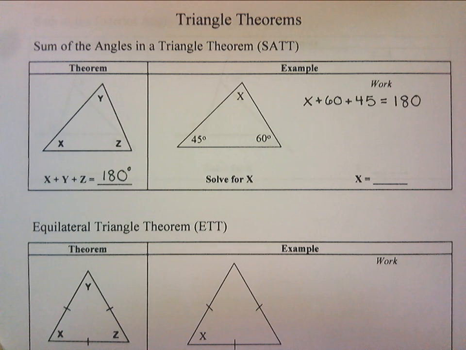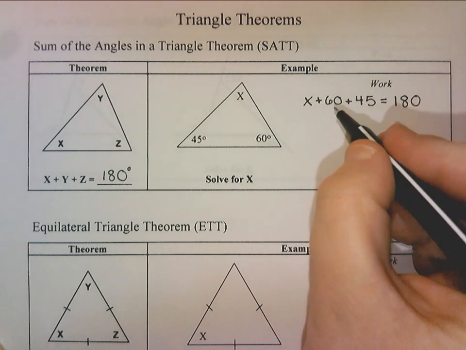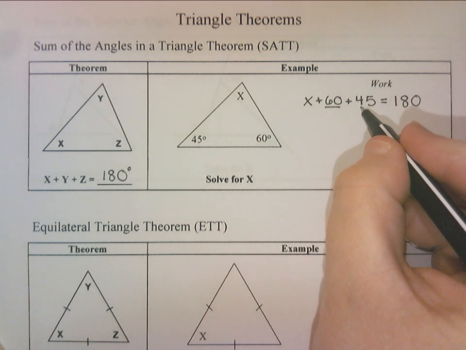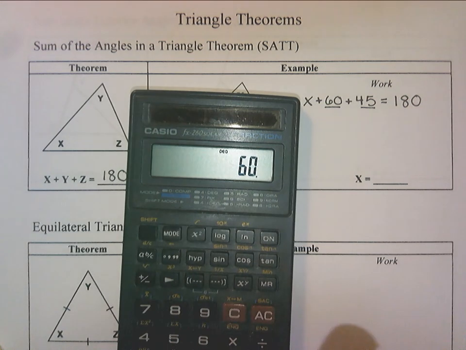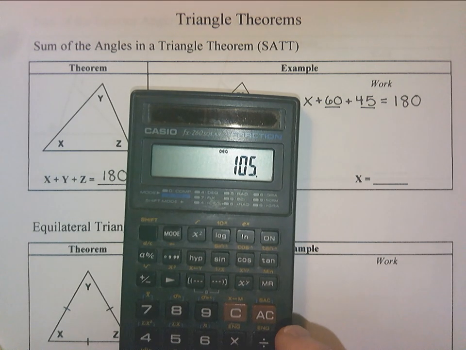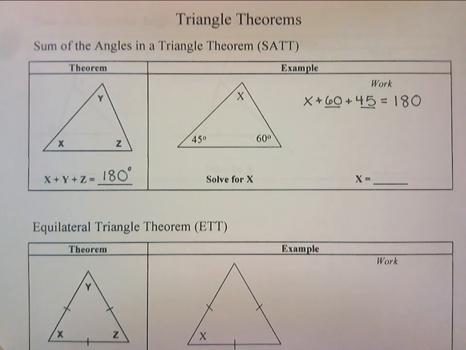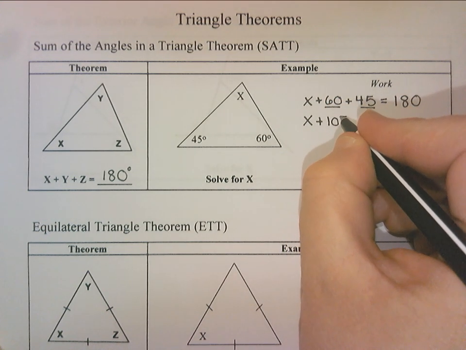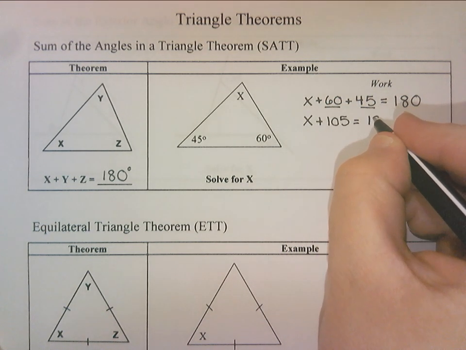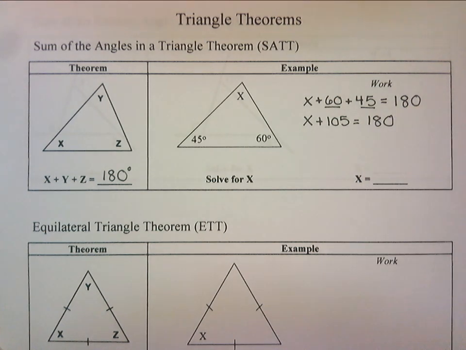From here, I can collect my like terms, so I can add the 60 and the 45 together. So 60 plus 45 is 105. So I have x plus 105 equals 180. And then from here, we are just going to solve our equation by taking that 105 to the other side and doing the opposite.